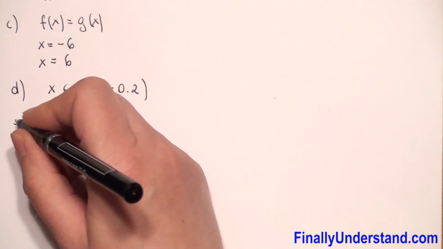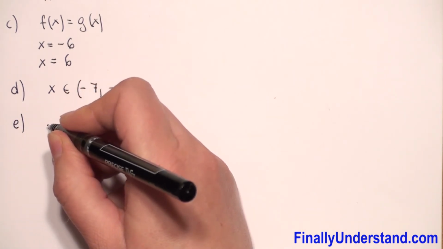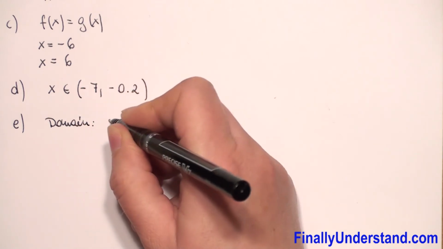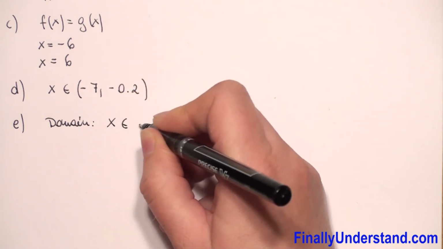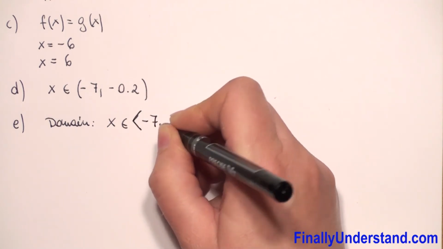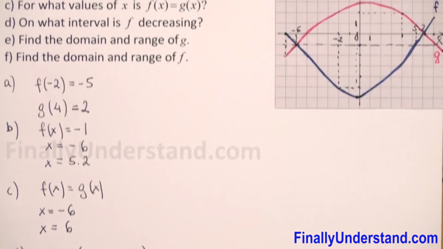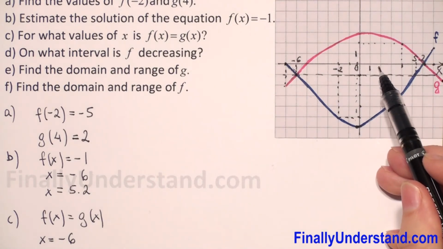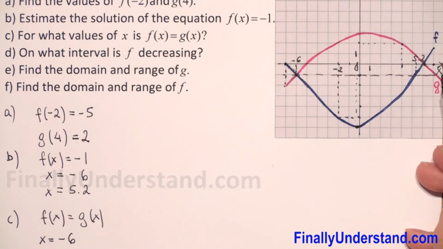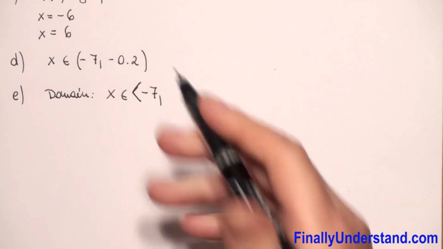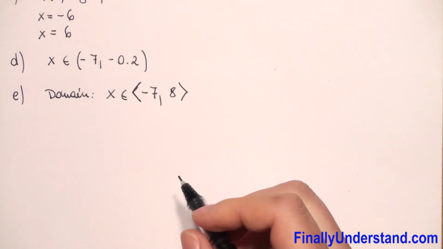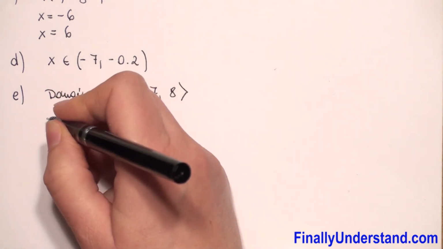So we can just write E. The domain will be x in the interval from negative 7 to, let me read this, 1, 2, 3, 4, 5, 6, 7, 8. To 8. Closed on both sides.